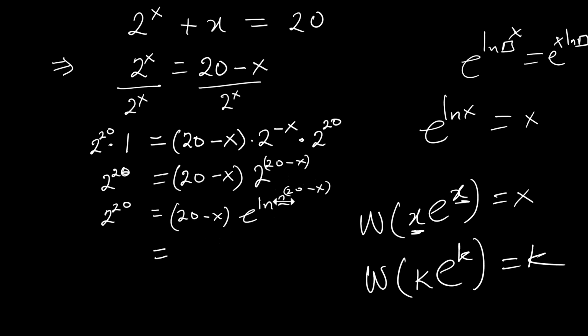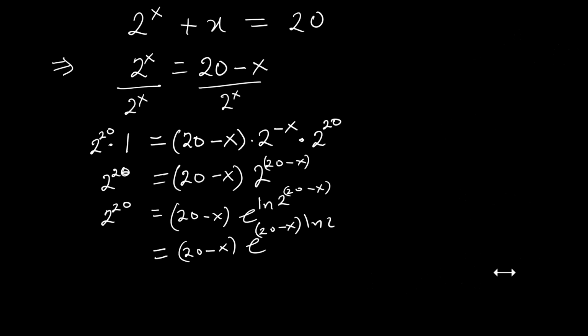We can say that 20 minus x times e. This one is a power rule. So we have 20 minus x, then we have ln of 2. As simple as that. We have 2 raised to 20 here.